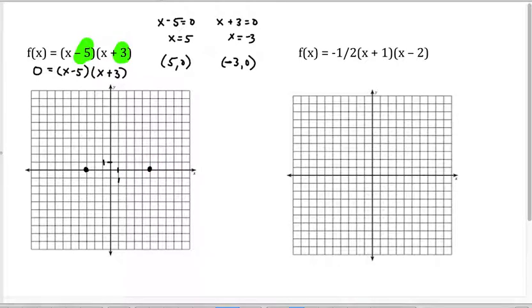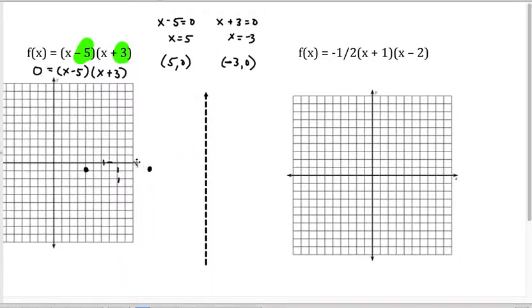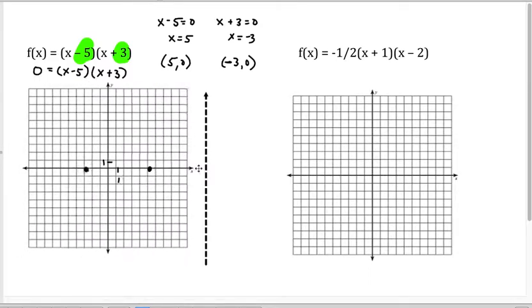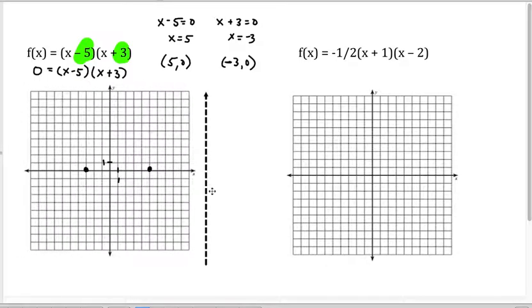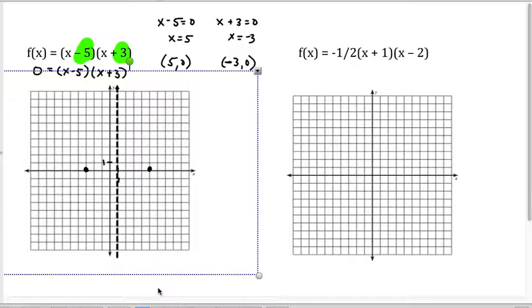So the axis of symmetry must be half of that, 4 units from either end. Let me get that back where it belongs. Good thing I put a scale on there. So my axis of symmetry is at x = 1.